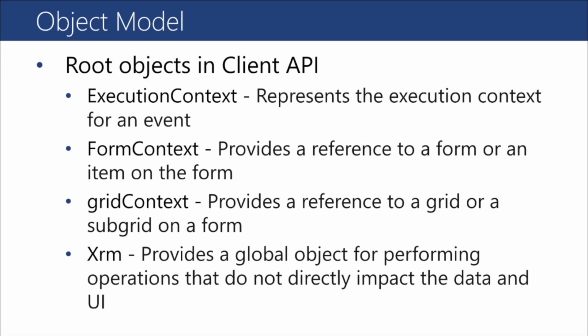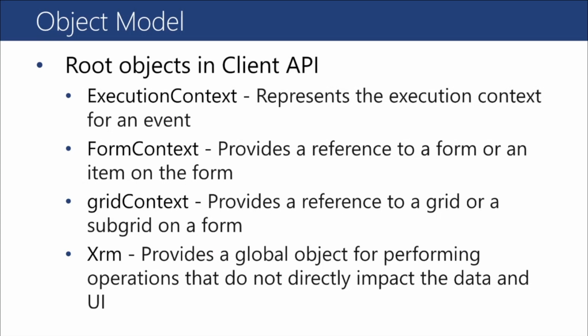To get the form context object, you can use the executionContext.getFormContext method. Grid context provides a reference to a grid or a subgrid on a form against which the current code executes. And Xrm context, which provides a global object for performing operations that do not directly impact the data and UI in forms, grids, subgrids, controls, or attributes.